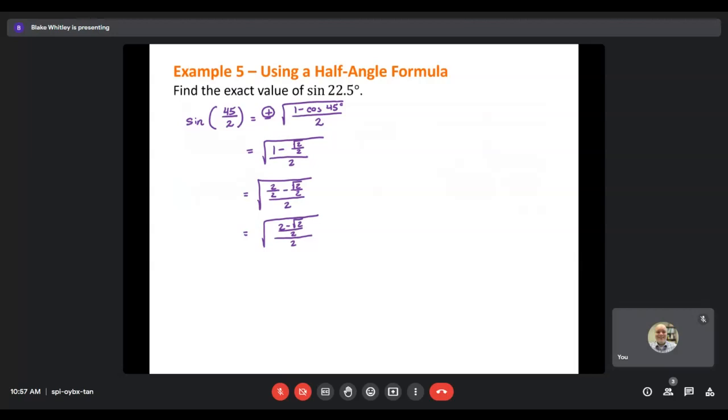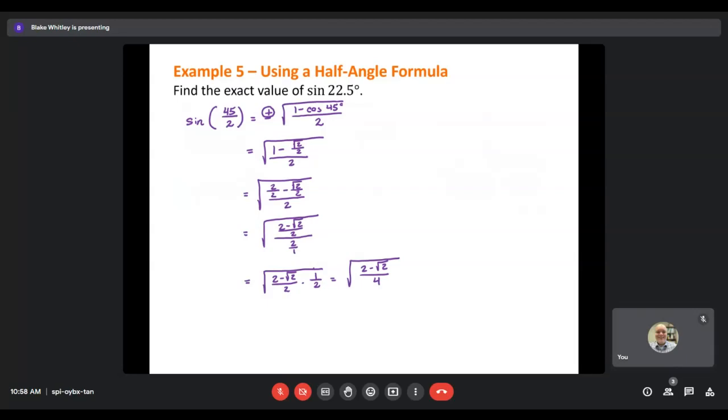And remember, when we have a fraction and we're dividing, we're really just multiplying by the reciprocal. So I'm going to think of this as 2 over 1 in my denominator. So we end up with 2 minus square root of 2 over 2 times 1 over 2. And that's going to give us the square root of 2 minus square root of 2 over 4.